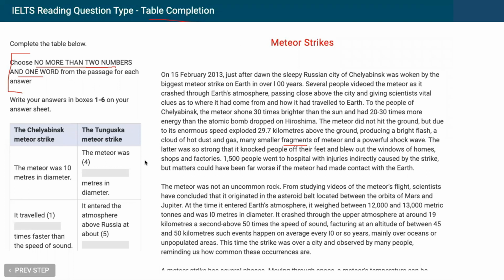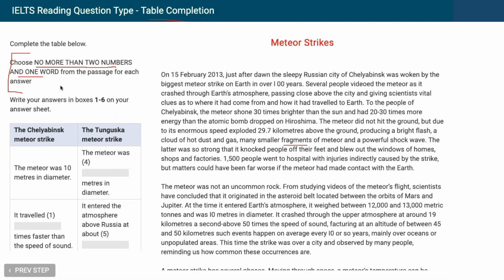So always be aware of the instructions so you know exactly what you have to write and your options. And keep in mind that for our example today, we'll be looking for numbers, perhaps, words. The most important thing is that we know it's no more than 2 numbers and 1 word. Okay, I'm happy to get started.